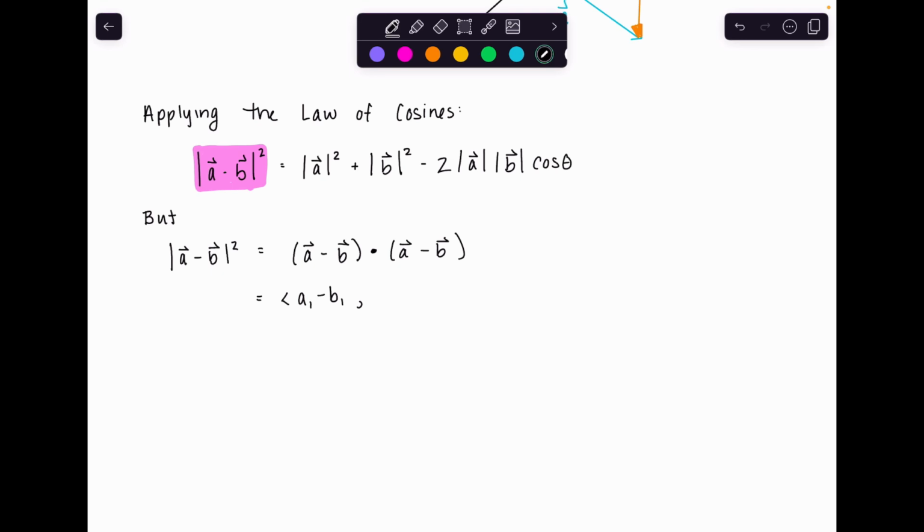So the first component is A1 minus B1, A2 minus B2, A3 minus B3. And I'm going to dot product that with exactly the same thing.